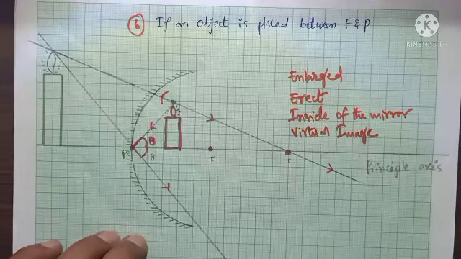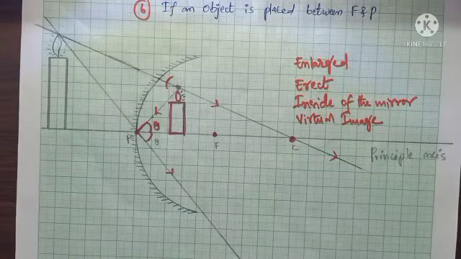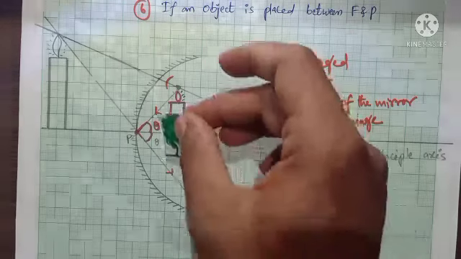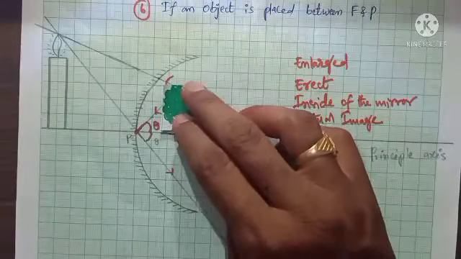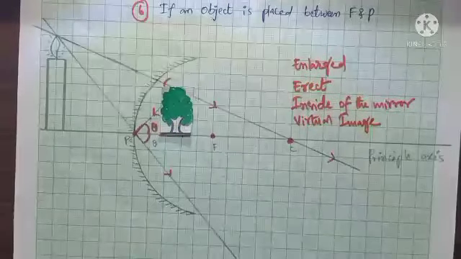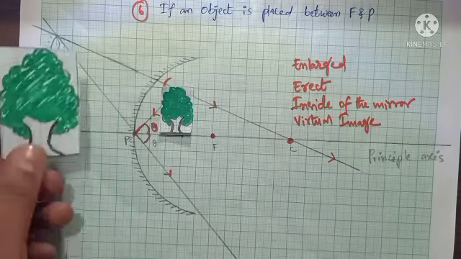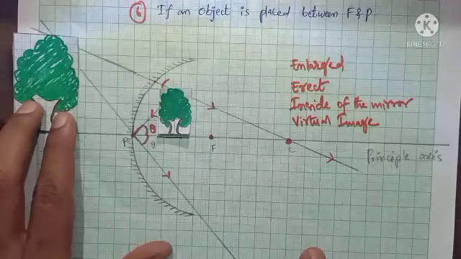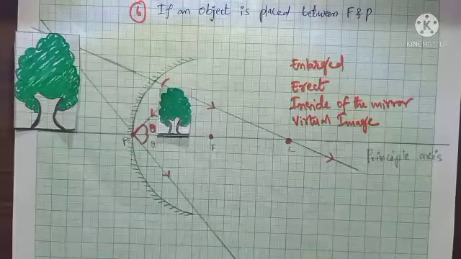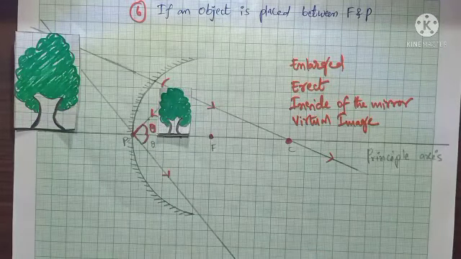So these are the four properties of this. For example, I show you this tree diagram which is placed between the pole and the focus. Now the image can be formed in this manner.